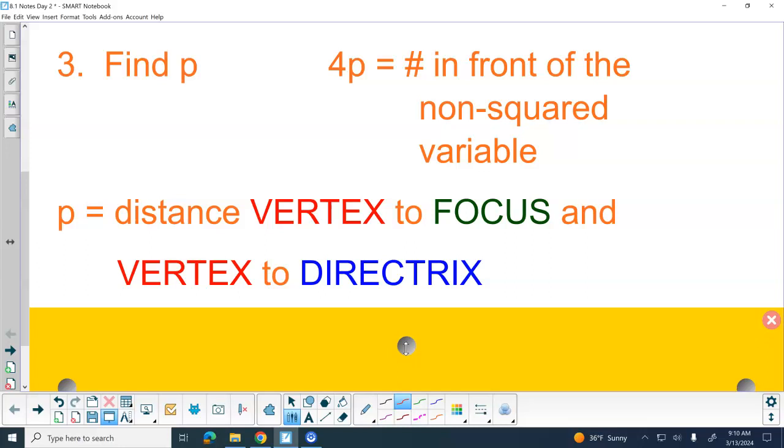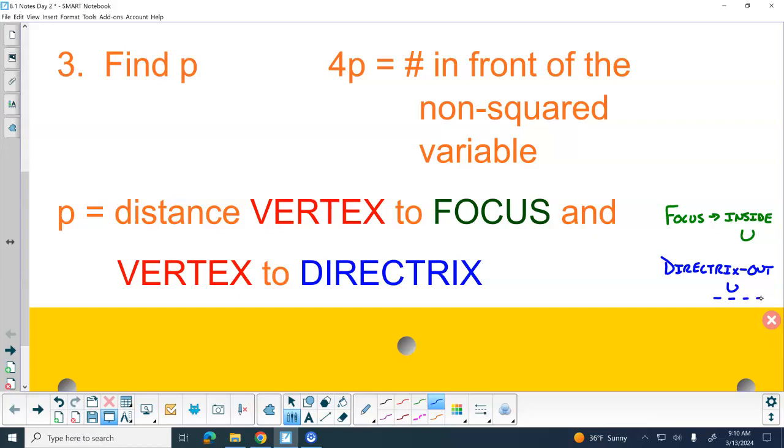Focus is inside, directrix is outside, right? So the directrix is outside of the U.